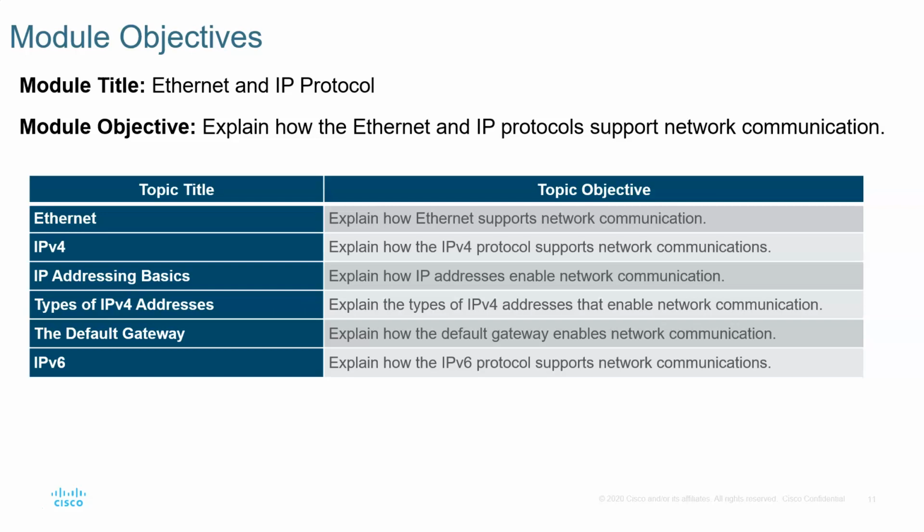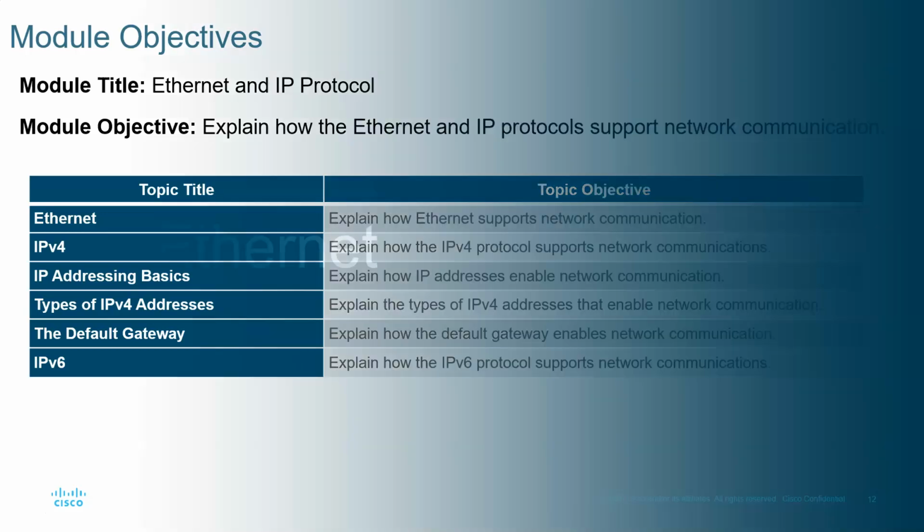We'll talk about IPv4 addressing, just the basics, fundamentals. But again, I have some other videos that I want you to watch from the CCNA 1 course. And then we'll talk about the different types of IPv4 addresses.